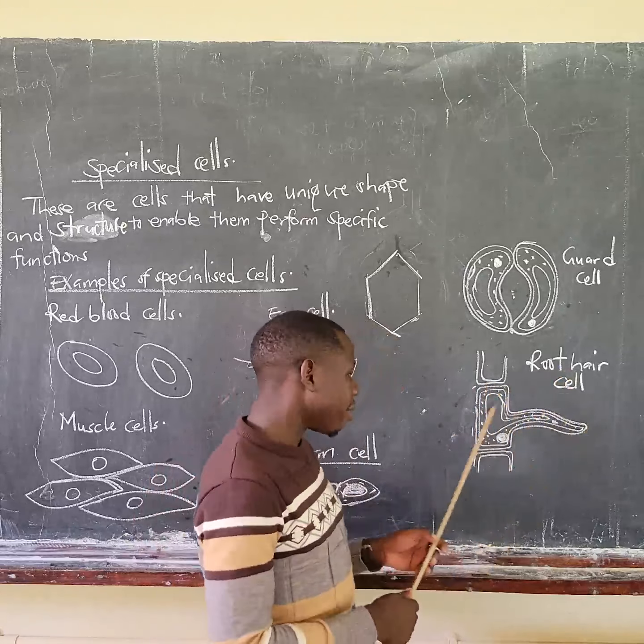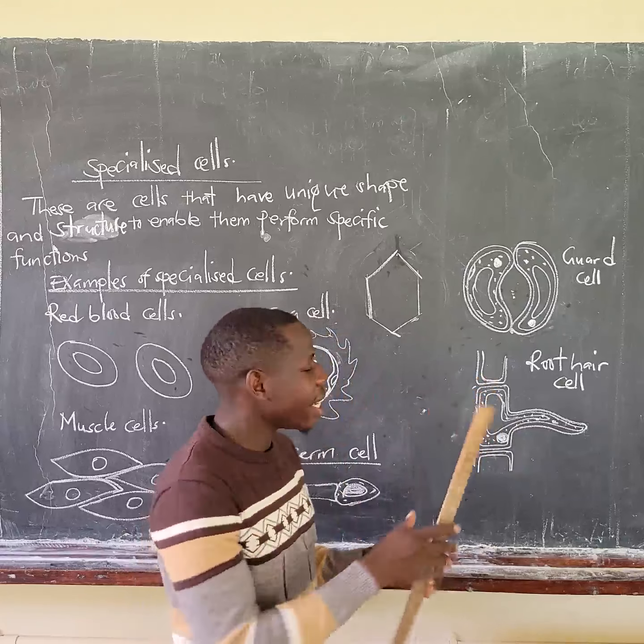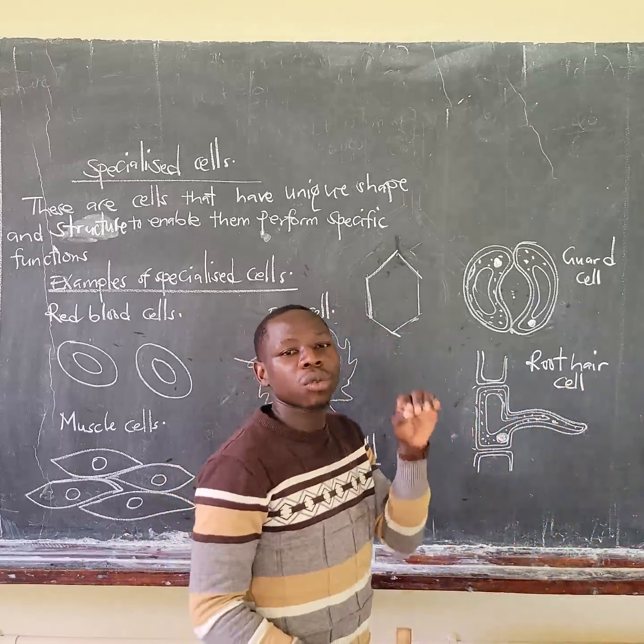Why is it looking like this? Now, for it to absorb water and mineral salts, it takes up an extension in order to absorb water and mineral salts, and even to penetrate into the deep layers of the soil or the cracks in the soil. So that is how cells of animals and plants are modified or take up unique shape and structure, enabling them to perform specific functions effectively.